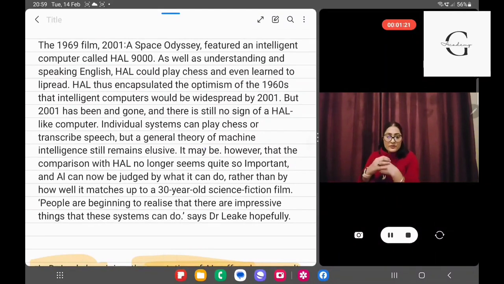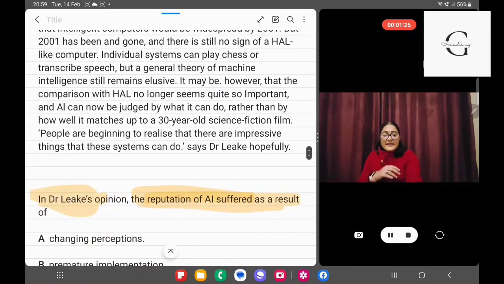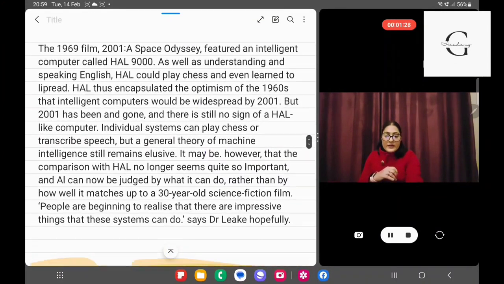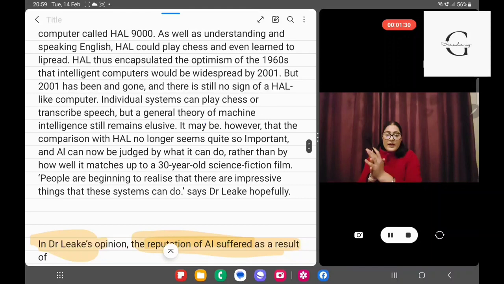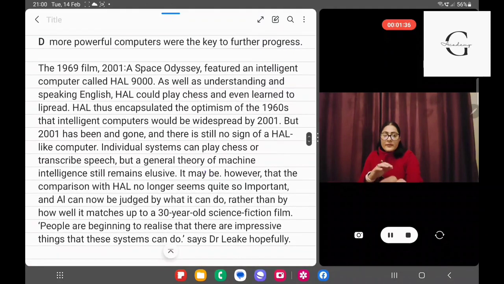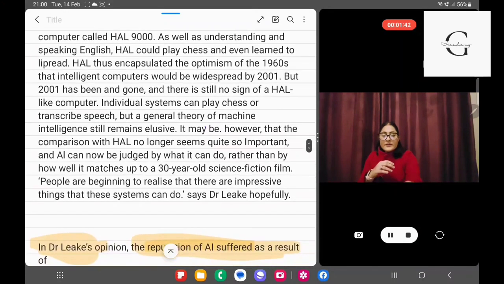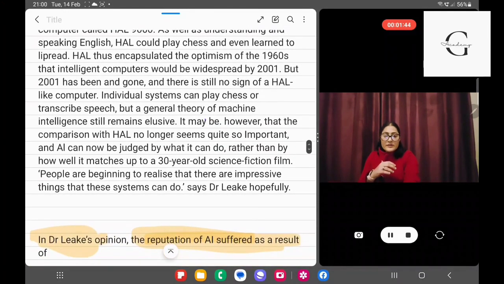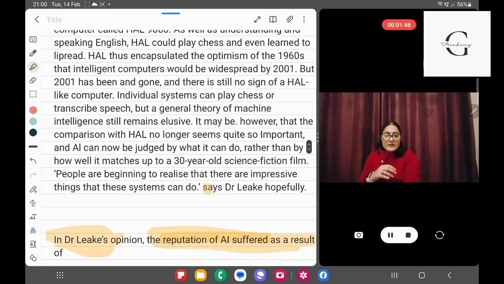So the keywords were Dr. Lake and reputation of AI. So I can see Dr. Lake. You have to look for Dr. Lake. Yeah, it's at the end of the paragraph, you can see here. So here it says Dr. Lake, so I have to read this paragraph.